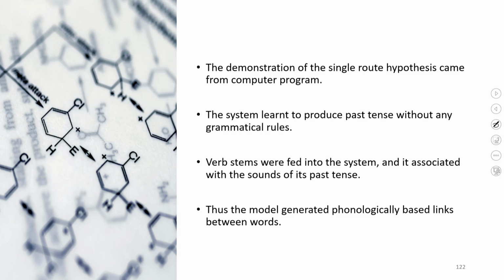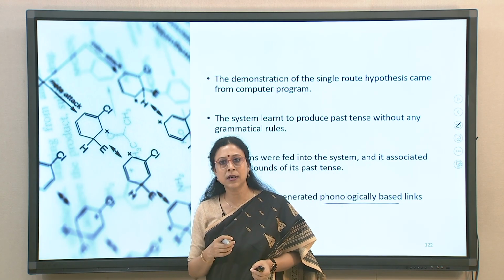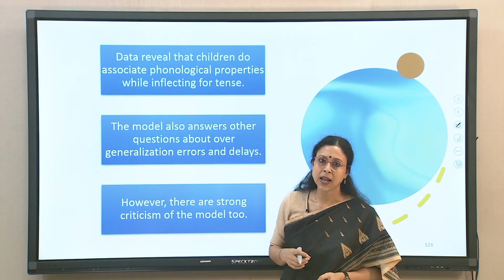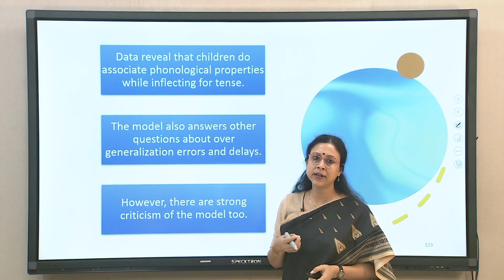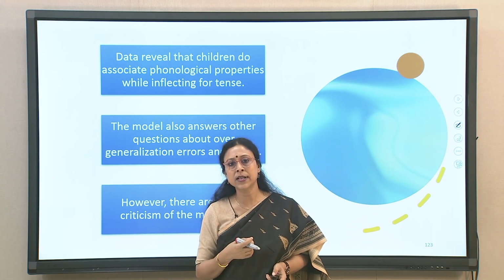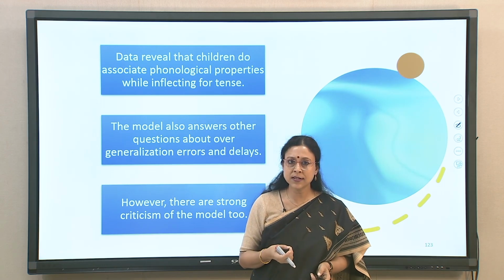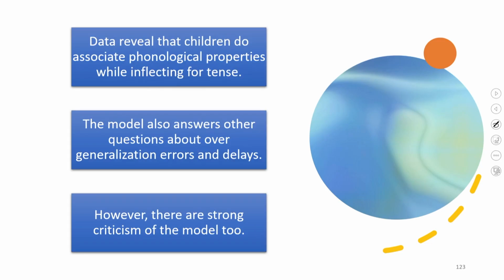The model generated phonologically based links between words, that was the hypothesis, and the model seemed to work perfectly in line with it. Data in real life with respect to children also reveal that children associate phonological properties while inflecting for tense. So, the model also answers other questions about overgeneralization of errors and delays.